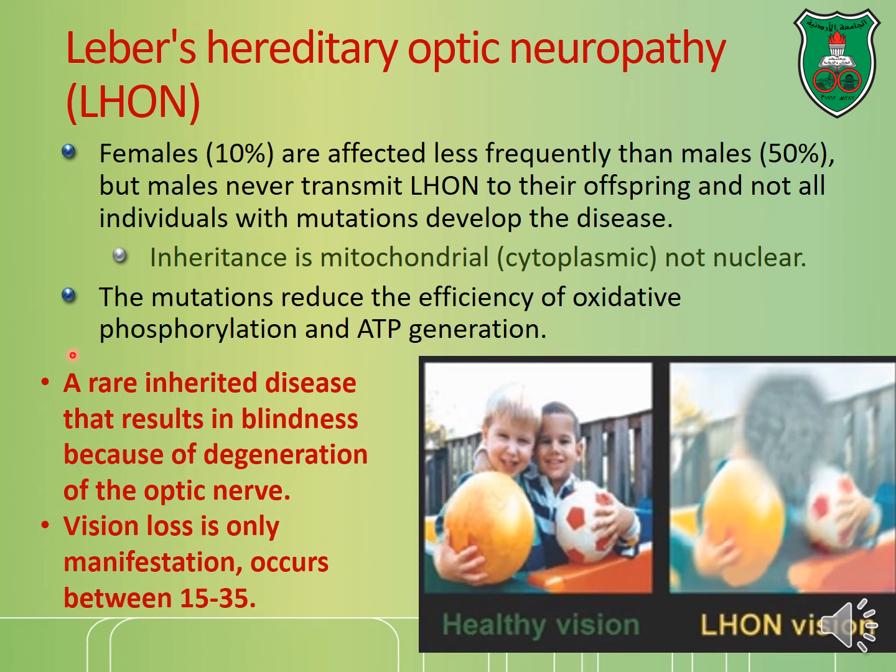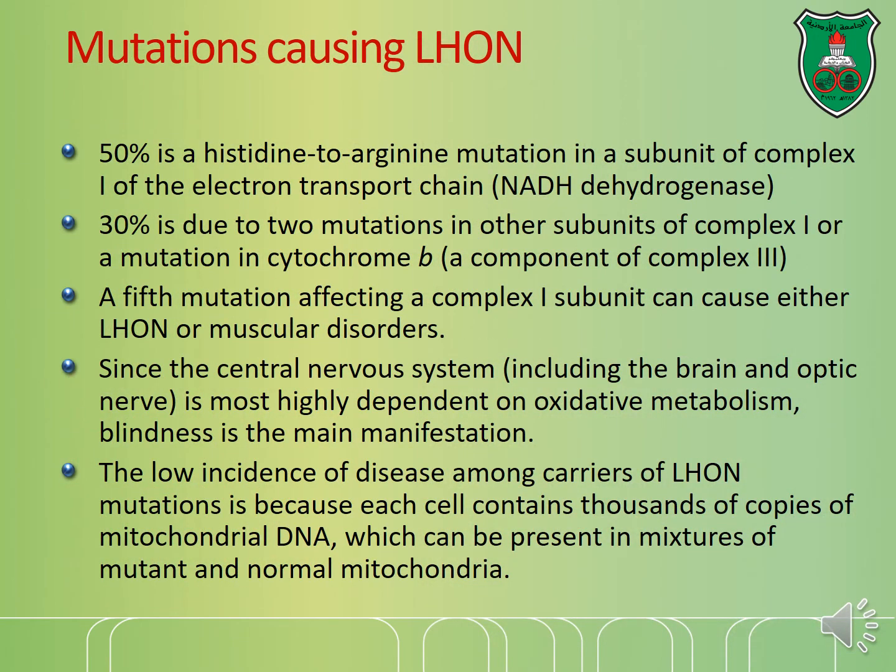And what you have in here is a deficiency of oxidative phosphorylation and ATP generation. So interestingly, the vision of individuals having this condition would be affected. And there are different types of mutations that can take place. Don't worry about the details, except just know that you have a problem in the respiratory chain reaction in here.